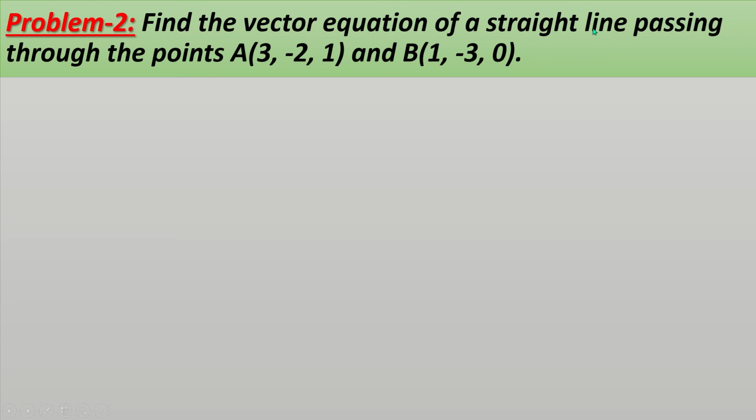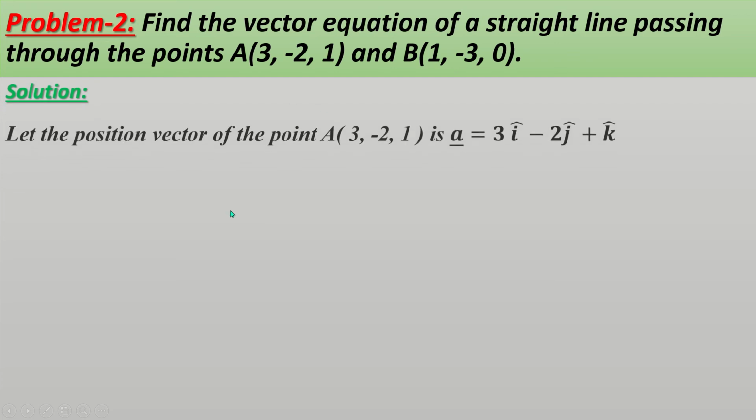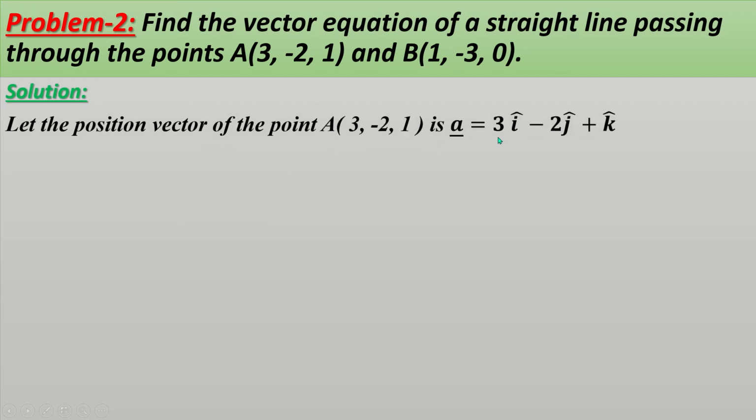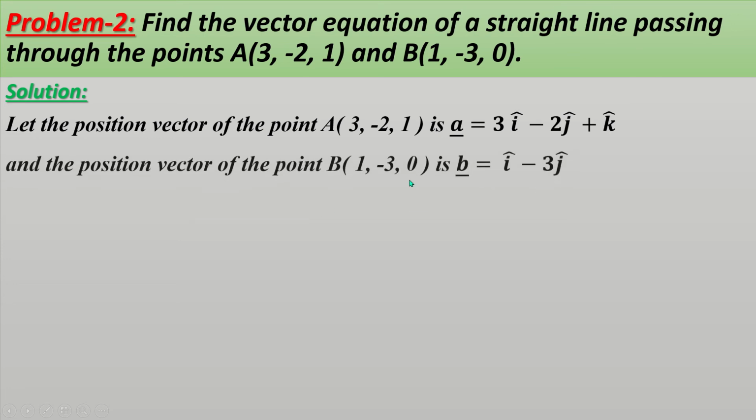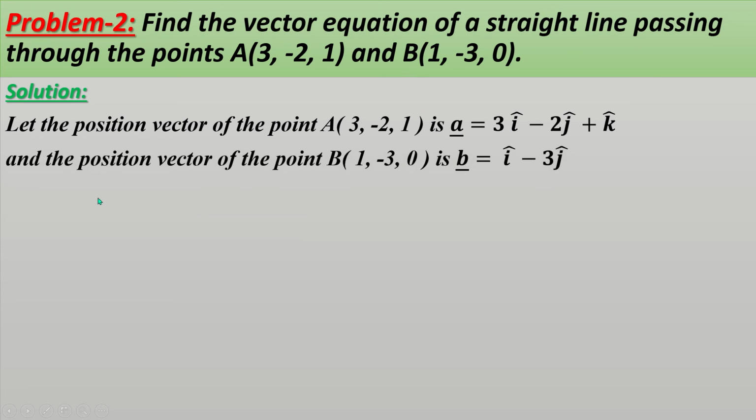Find the vector equation of a straight line passing through the points A and B. Follow the solution. Let the position vector of the point A be A vector, which is equal to 3i vector minus 2j vector plus k vector, and similarly the position vector of the point B is i vector minus 3j vector.